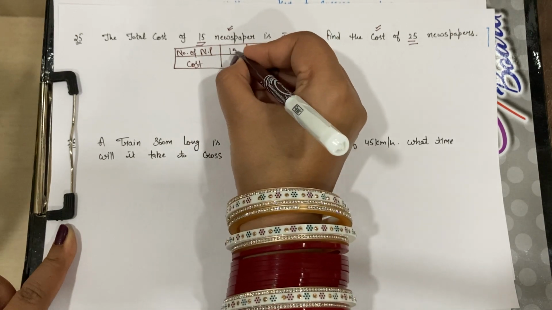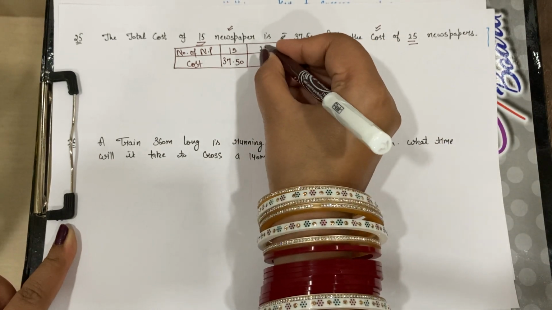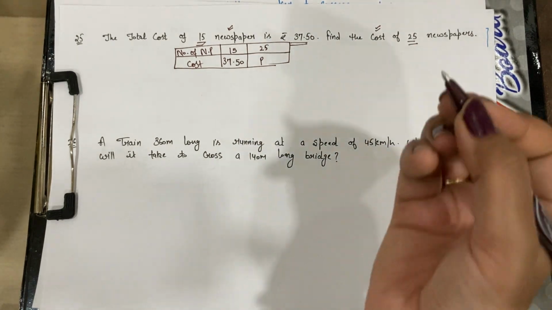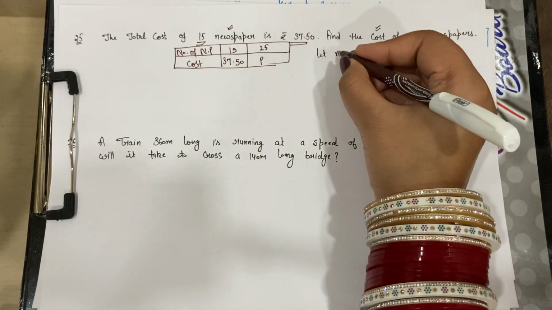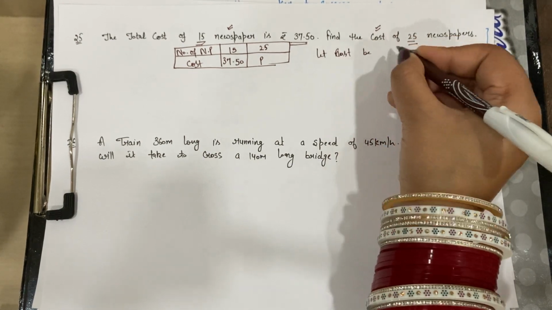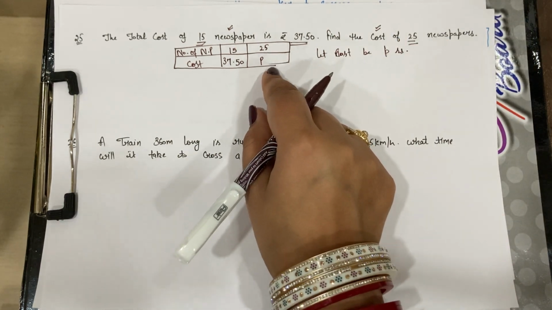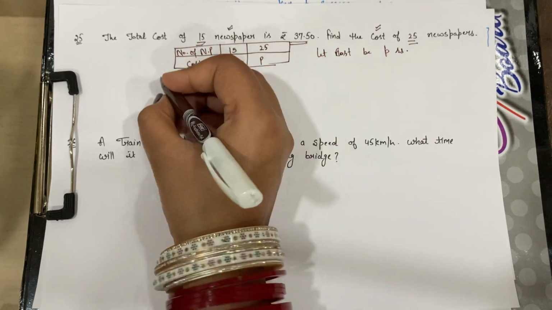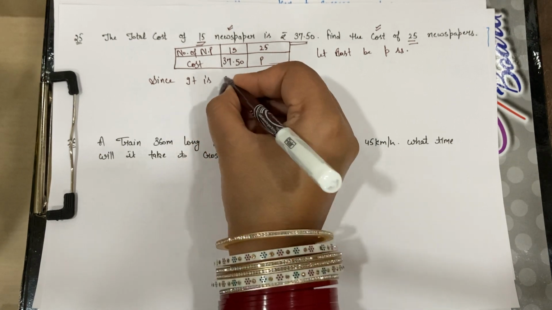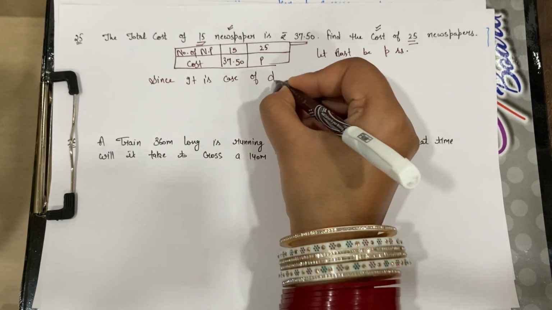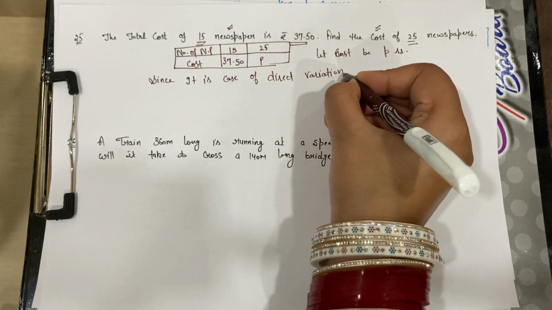First there are 15 newspapers so the cost is 37.5, and if newspapers are 25 we do not know the cost, let us say P. Definitely write this line too: let cost be P rupees, so that we come to know what P is, what we have considered P. Since it is a case of direct variation, we'll mention it. As I have told you, whenever it is a case of direct variation, we'll be cross multiplying.